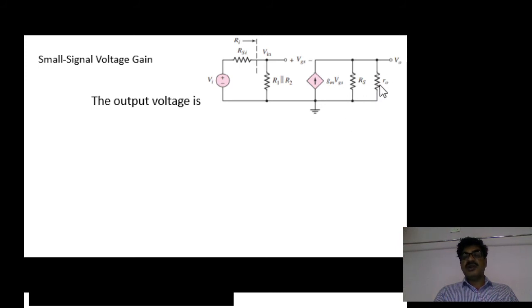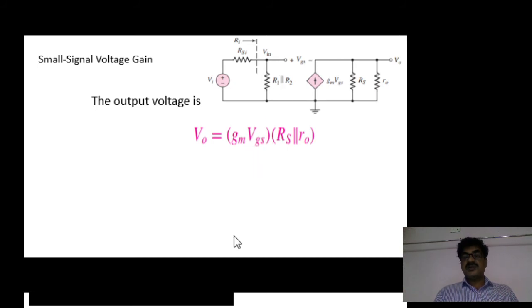The current flowing through this resistive network is gm VGS. Therefore the output voltage V naught equals gm VGS into RS parallel r naught. Now from the input side you need to find the VGS value.